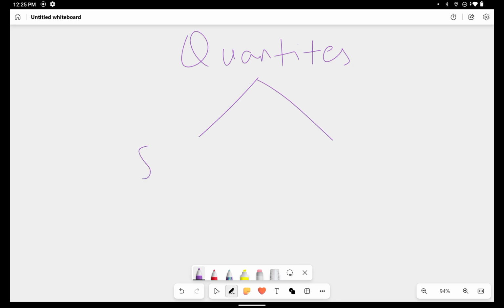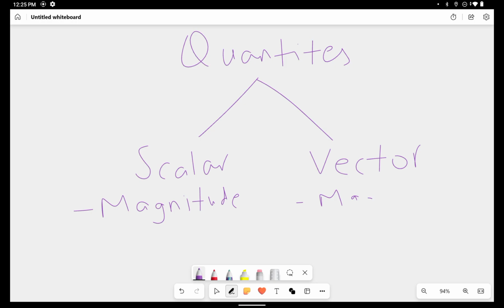The first one is called a scalar quantity. The second one is a vector quantity. A scalar quantity has only magnitude, while a vector quantity has magnitude plus an associated direction.